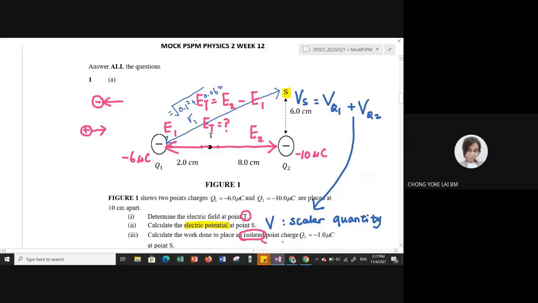Isolated means from very far away, infinity. It means we want to bring a charge Q3, a negative charge, from infinity to point S. Isolated means from infinity. So we want to move the charge from infinity to point S.